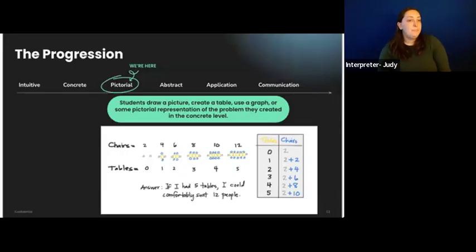I have intentionally color coded this. If this was the first time I'm doing this activity with my students, I would color code and really let them see what stays the same and what changes. They're not going to color code. All chairs are going to be the same color, and that's okay.